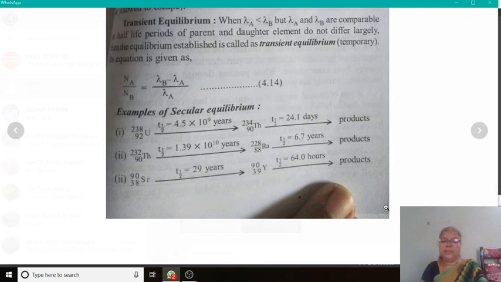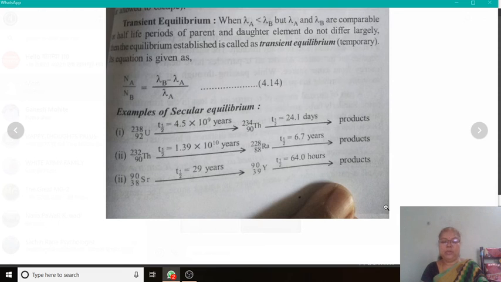Geiger has given a relation between the range of an alpha particle and its initial velocity v0, and according to Geiger, v0 cubed is equal to A into R, where A is a constant and its value is 1.0 into 10 raised to 27.